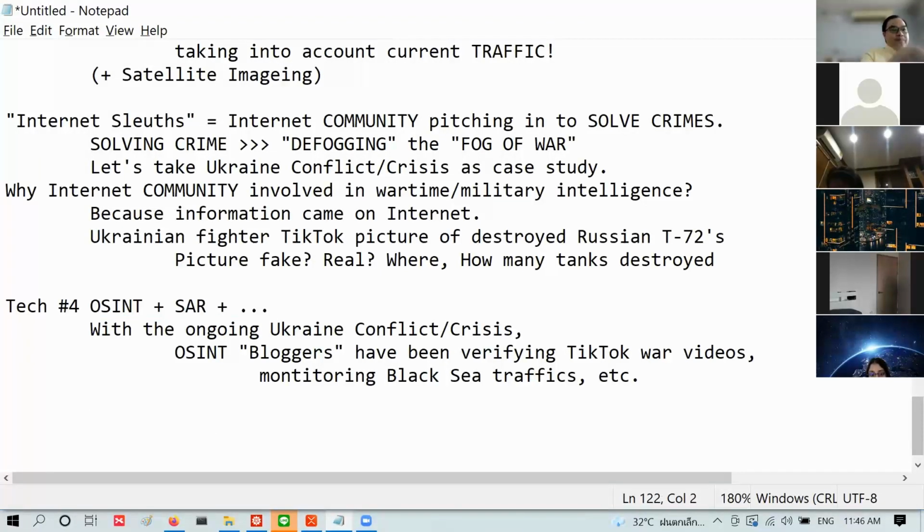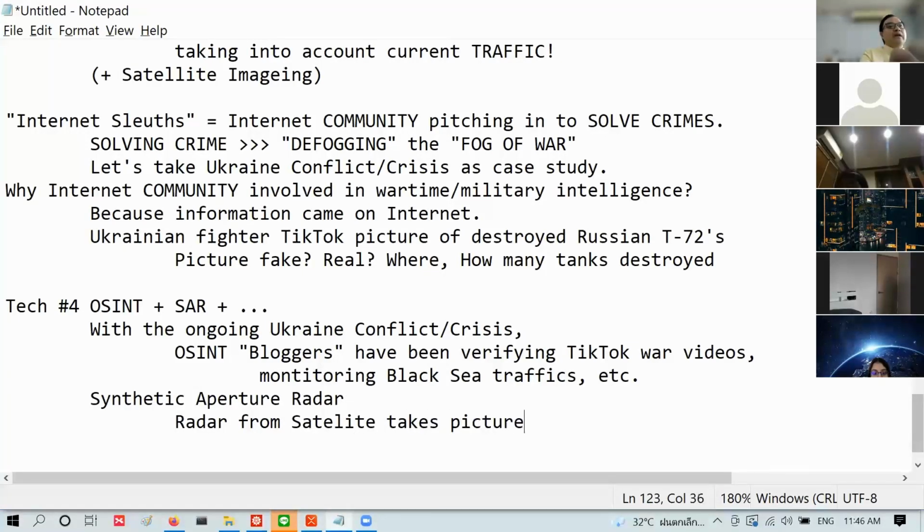For example, SAR, synthetic aperture radar. Basically, radar from a satellite takes pictures in the microwave spectrum, so it penetrates cloud.